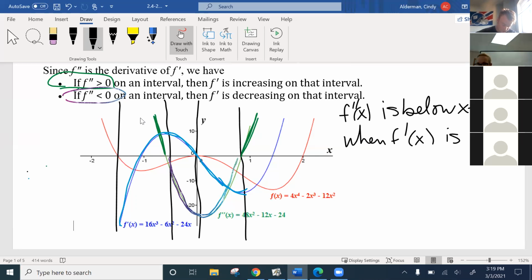Increasing or decreasing? Decreasing. f prime must be decreasing.